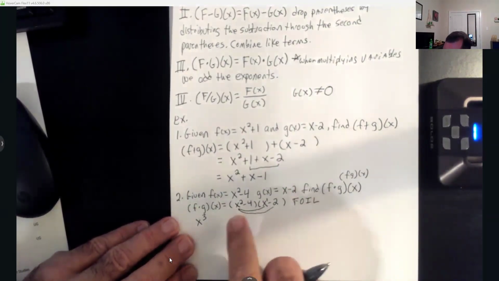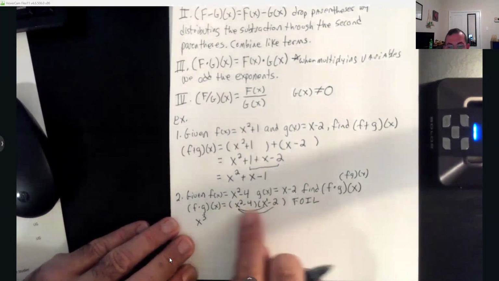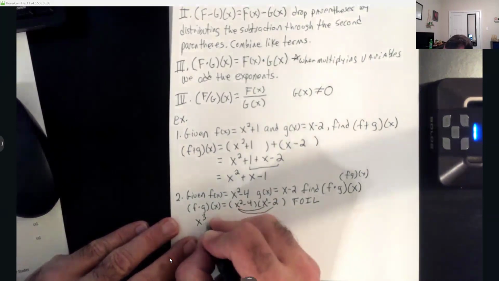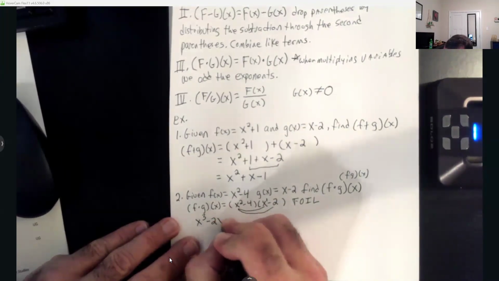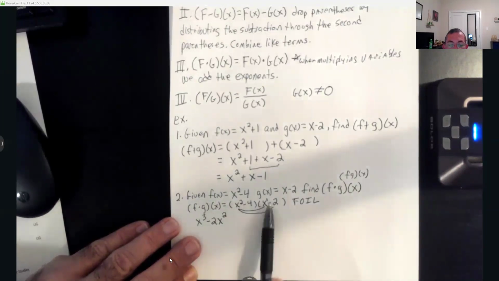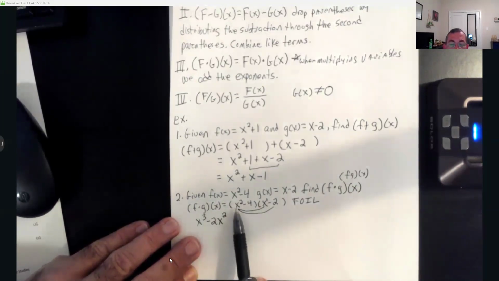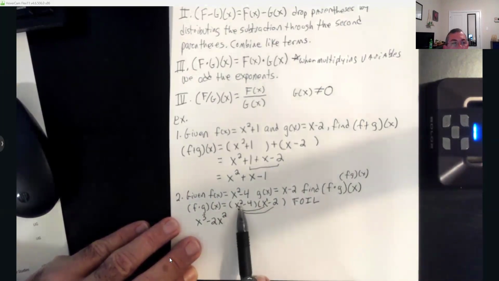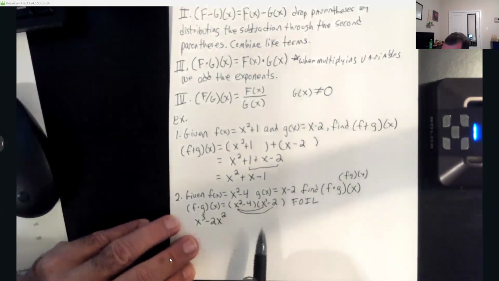The two outermost, well, that's the x squared times the negative 2. That's going to give me a negative 2x squared. So y'all, F is the first ones from each parenthesis. O is the outermost. But if you notice, all we did was distribute our x squared.